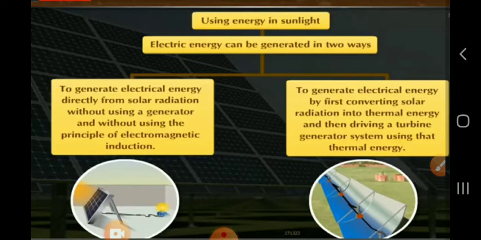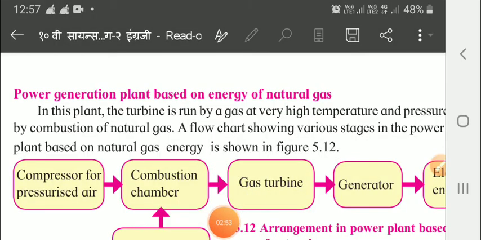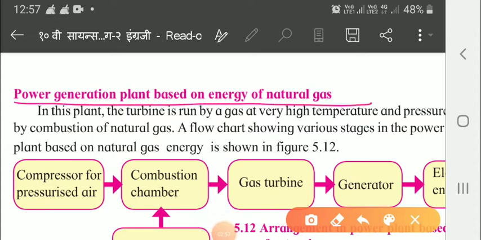So children, let us start our explanation part. We are starting from here, power generation plant based on the energy of natural gas. Here the turbine is run by the gas at very high temperature and pressure, which is generated by combustion of the natural gas. Here we can see a flow chart.